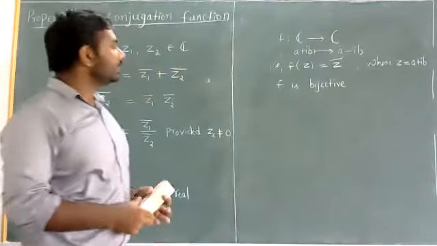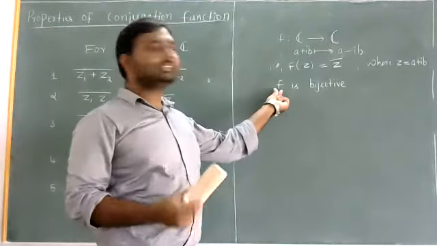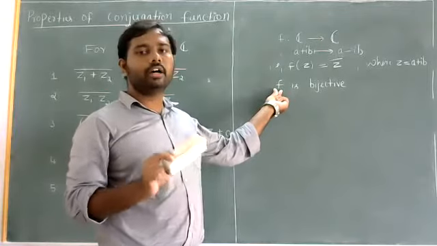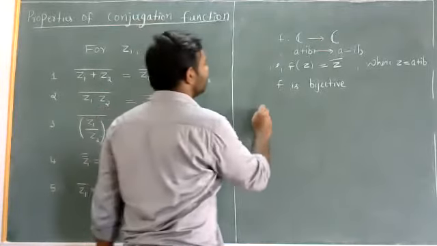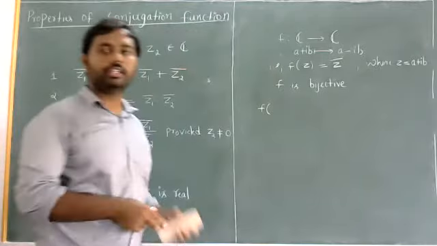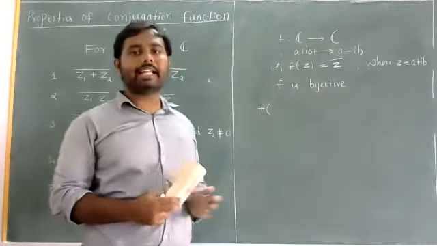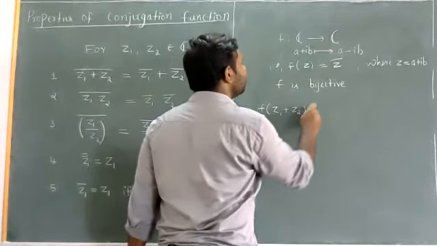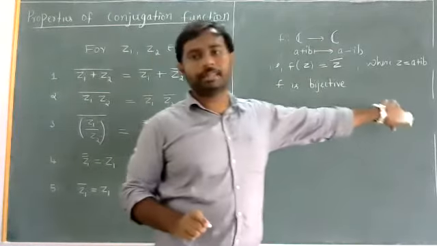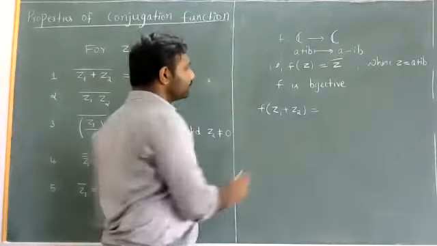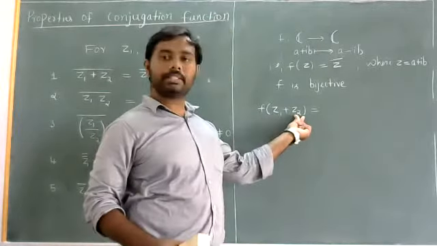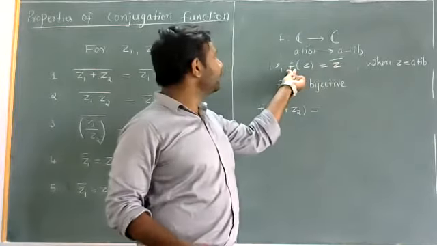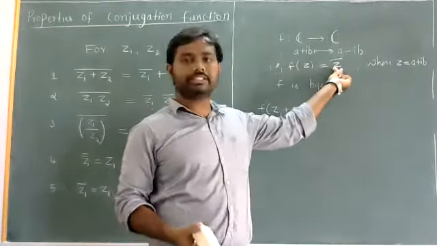Now, just see, is F a homomorphism? F is a homomorphism if it preserves the binary operations. That is, f of z1 plus z2 has to be equal to f of z1 plus f of z2. Now, first of all, what is f of z1 plus z2? F of z is z bar. F carries every complex number to its conjugate.